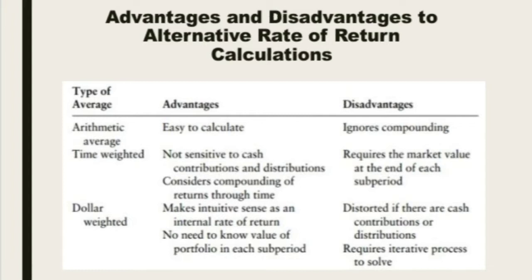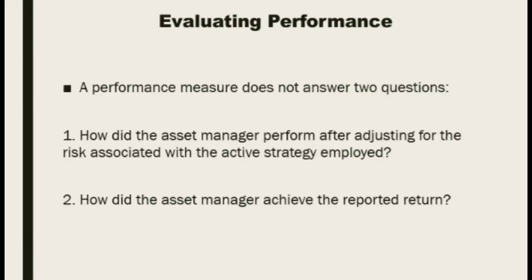The advantages of dollar-weighted are it makes intuitive sense as an internal rate of return and there is no need to know the value of the portfolio in each sub-period, while the disadvantages are it is distorted if there are cash contributions or distributions and it requires an iterative process to solve.